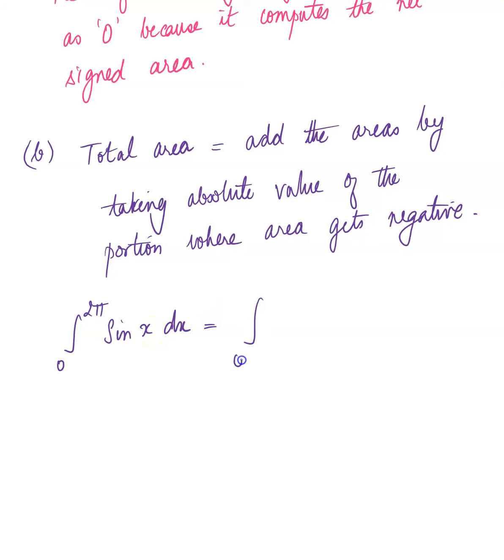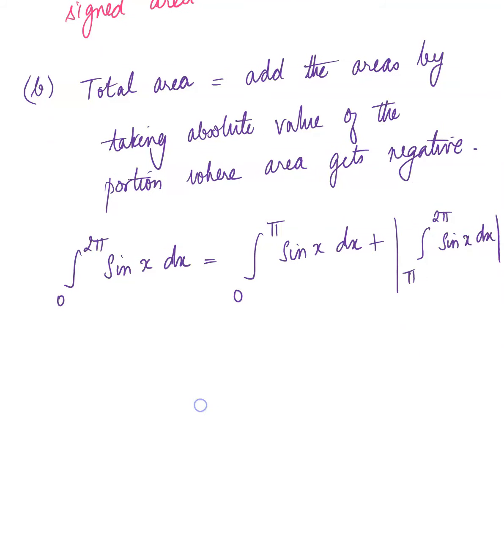So we're going to split up the area: from 0 to pi of sine x dx, we know this is the yellow shaded region, plus the absolute value of the integral from pi to 2 pi of sine x dx. If you took the absolute value of that area, that will give you the blue shaded region.